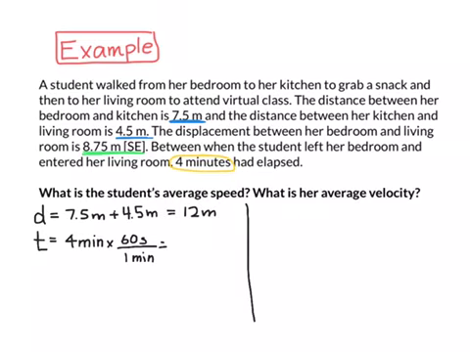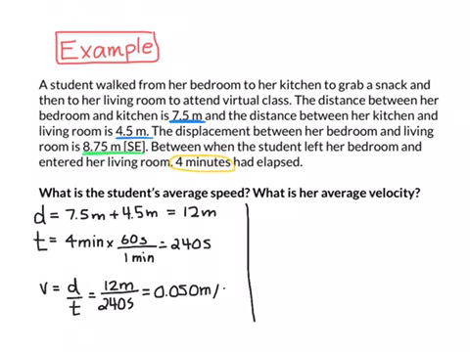And so this took 240 seconds. Our speed, then, speed equals distance over time, is going to equal 12 meters divided by 240 seconds, which equals 0.050 meters per second. And so that is our speed.